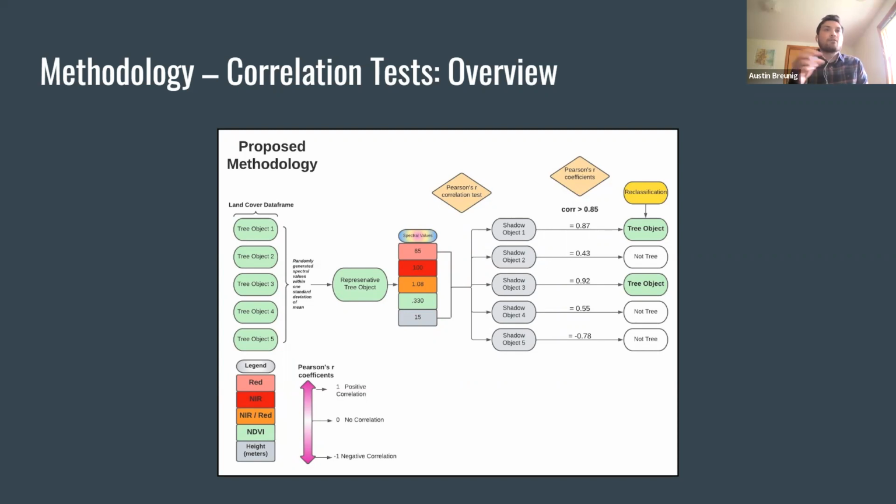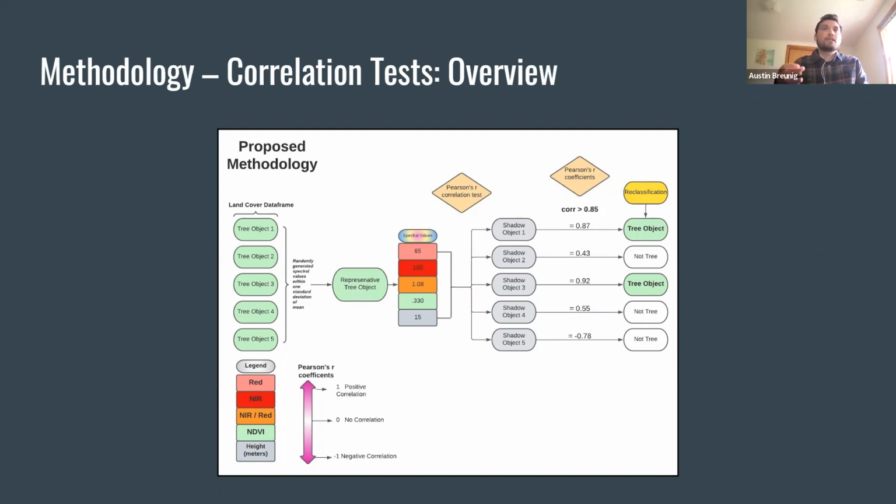So I get a random value within a range, and I use that representative data frame to test against the shadow objects. You run the correlation tests, you generate a coefficient, and for the coefficients above a threshold, in this case 0.85, which is a fairly high positive correlation coefficient, those shadow objects would eventually be reclassified.